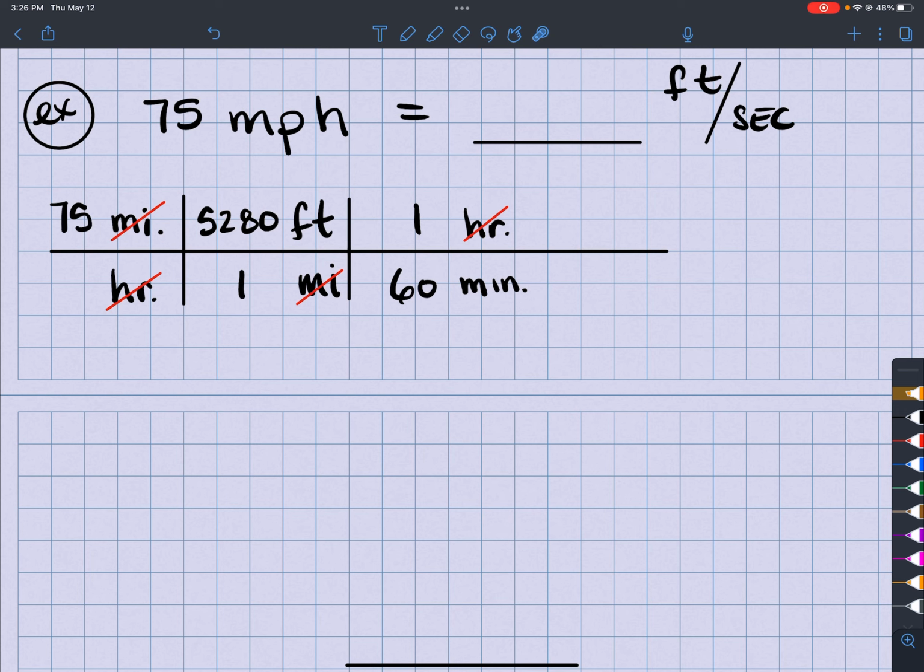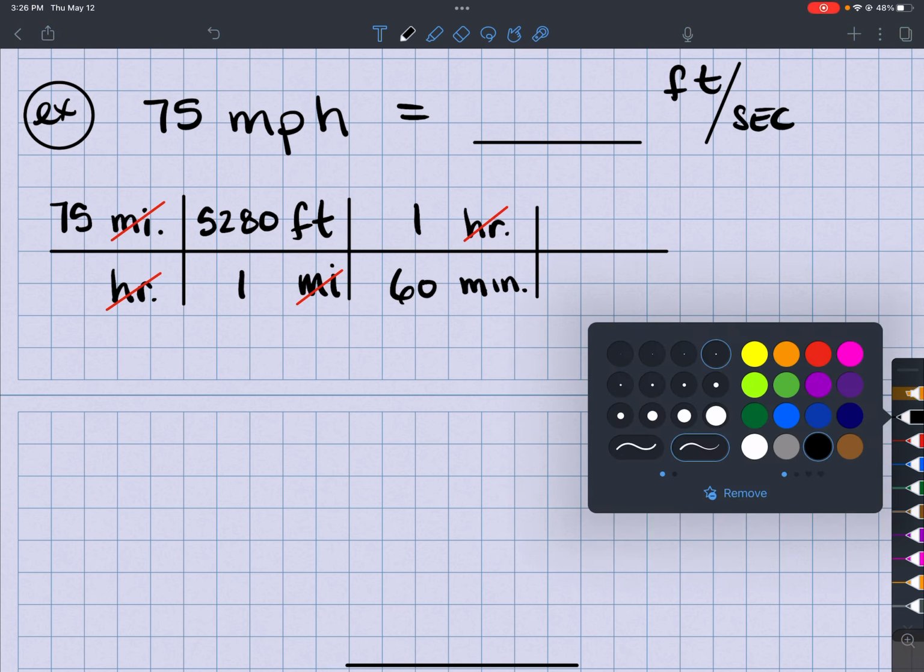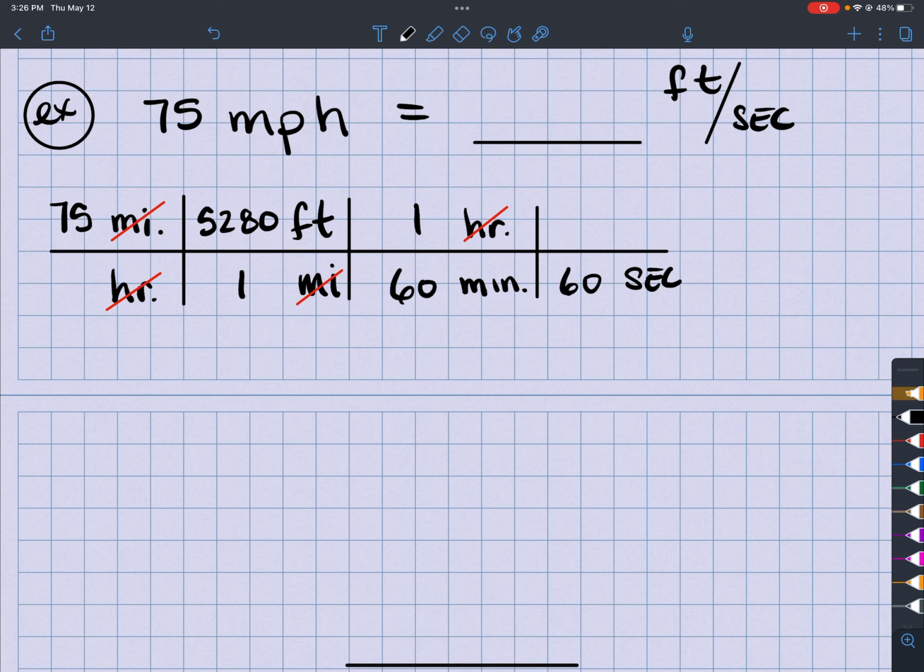So let me draw another line here. I want to change this minute into seconds. Well, I know that there's 60 seconds in 1 minute, so now the minute goes away. Excellent. If I look on top, what do I have? I have only the feet left, and on the bottom, I only have seconds left, which is exactly what I want.